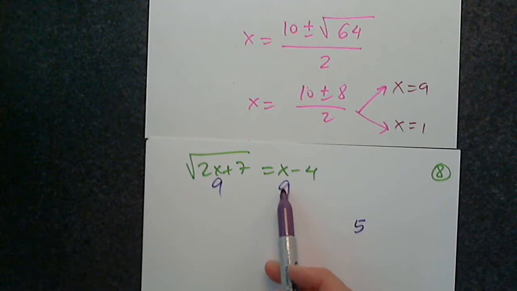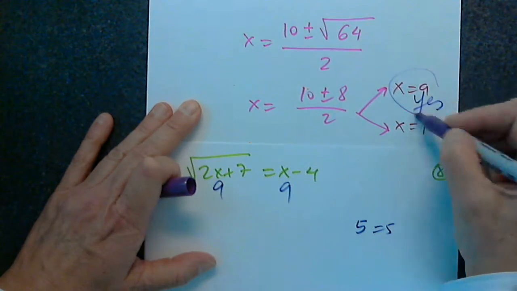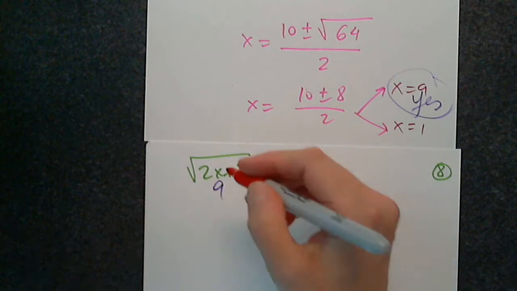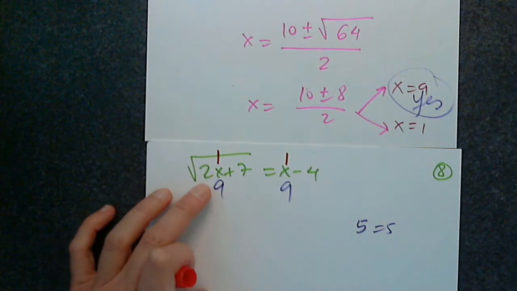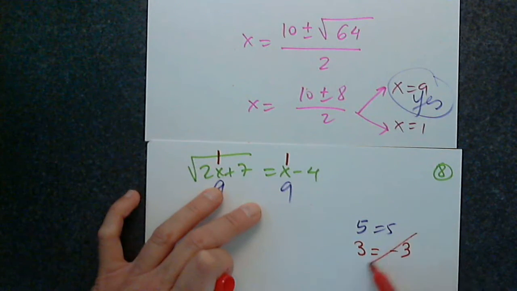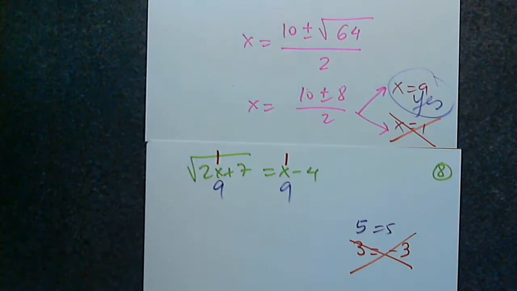The right-hand side is 9 minus 4, which is 5. I will definitely say yes to 9. But let's see if we say yes to 1. So this is 9. The square root of 9 will be 3, but the right-hand side is negative 3, which is not acceptable. Therefore, we'll have to say no to x equals 1.